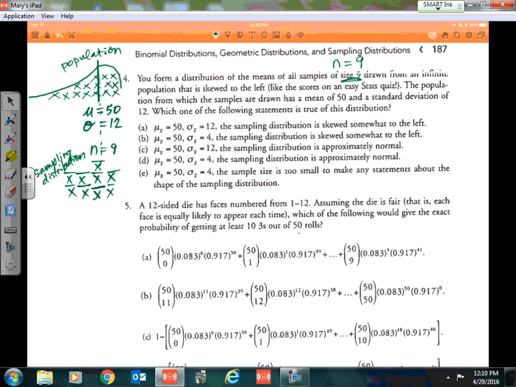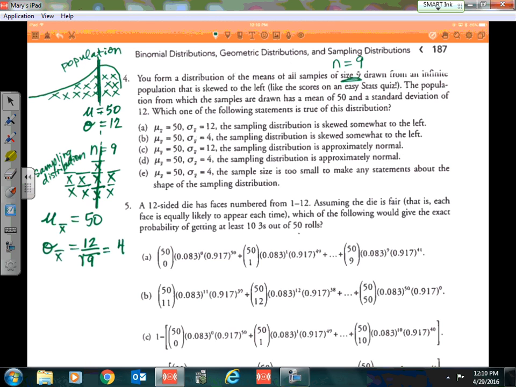So my question is, first of all, what is the mean of the sampling distribution? Good. It is the same as the population. So it's 50. How about the standard deviation of the sampling distribution? Is it going to still be 12? 12 divided by the square root of n, which is 9, so that's 4.